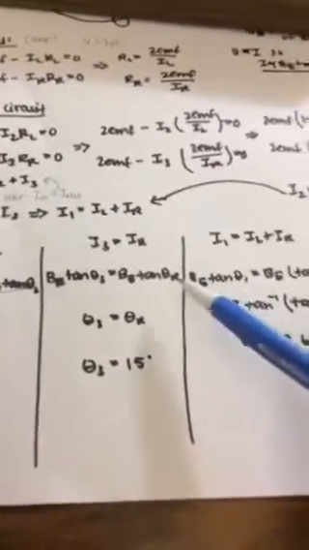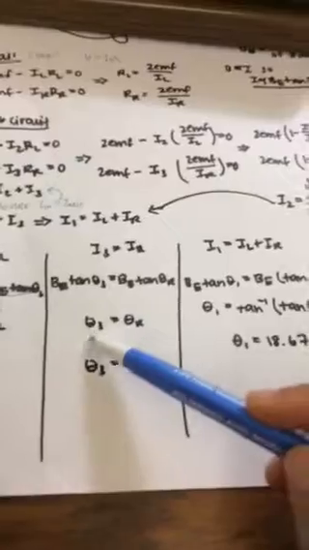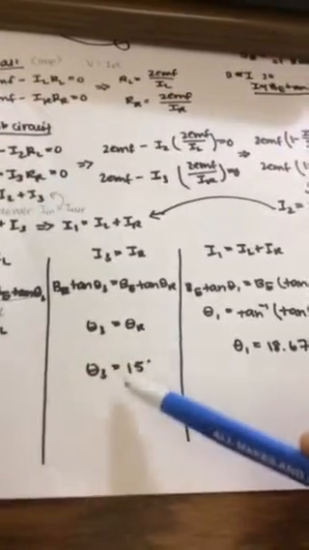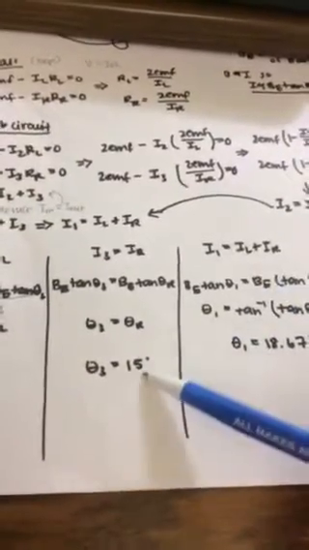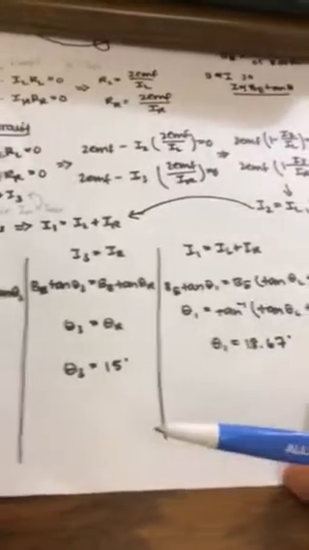Same concept applies to I3 is equal to IR. That means theta 3 is equal to theta R. So theta 3 is equal to 15 degrees. Once again mentioned in the problem statement.